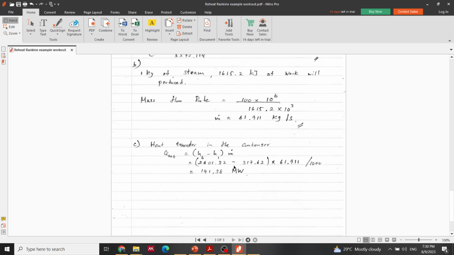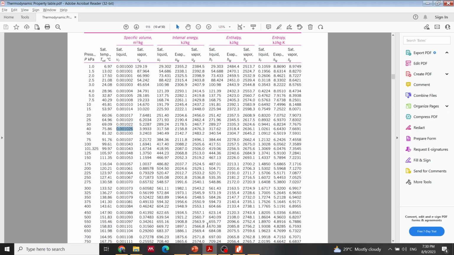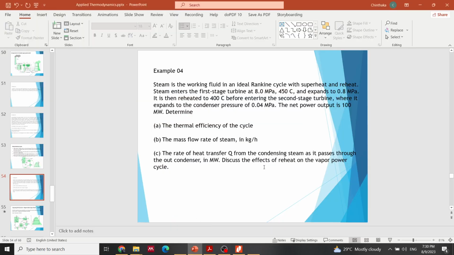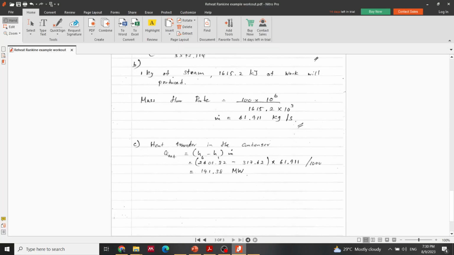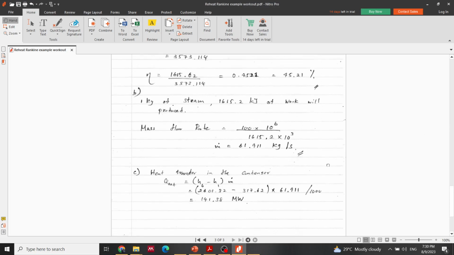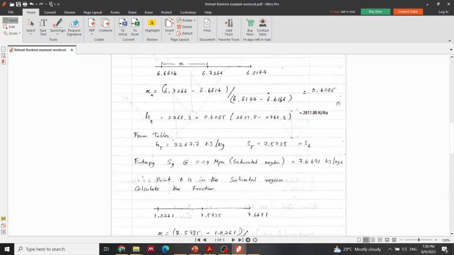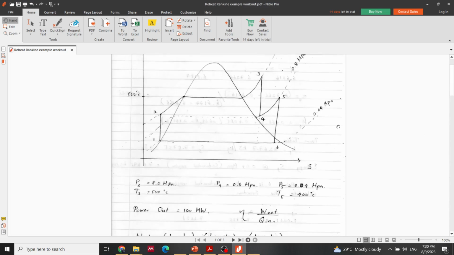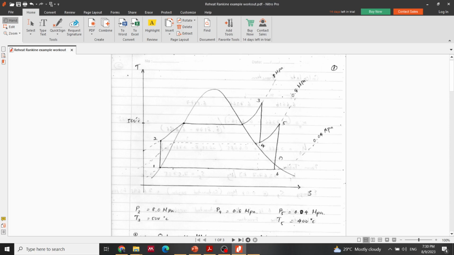Right. So there's another part in the question: discuss the effect of reheat on the Rankine power cycle. So how do we discuss this? What reheat basically does is increase the efficiency, because you have two sets of work output. This is the first set of work output, and again we have another set.